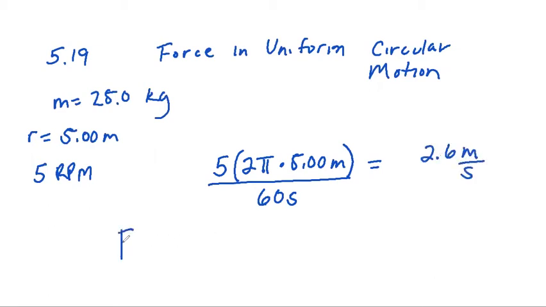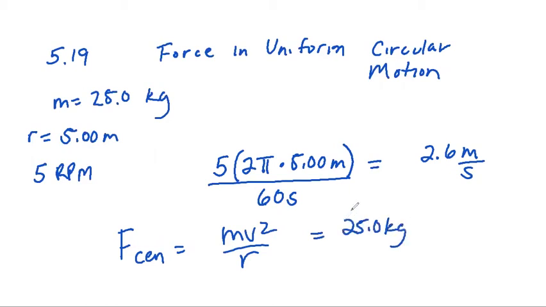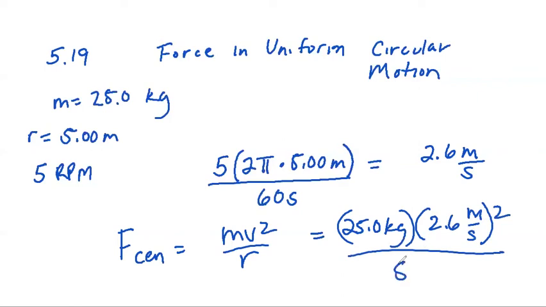So now my centripetal force is equal to mv squared over r. That's going to be equal to 25.0 kg times 2.6 meters per second quantity squared, and r is 5.0 meters. All right, so let's square that. And m is 25 kg times 25, divided by 5.